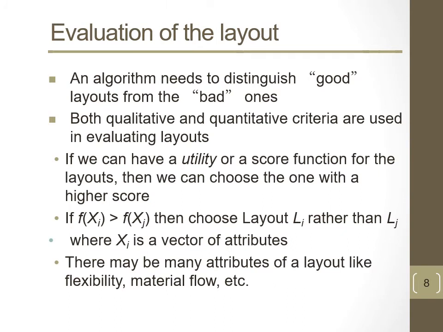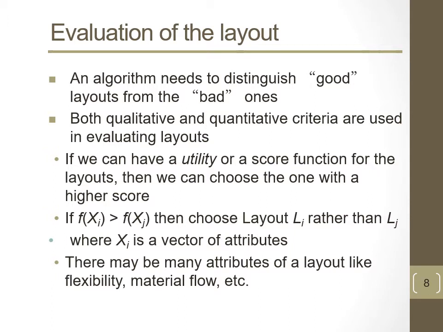Another criterion for classifying the algorithms depends on how we evaluate the layouts, which means that if we have some alternative layouts, or if our algorithm starts with a layout and then improves it, we need to understand whether we improved the layout or not, or we need to be able to distinguish a good layout from a bad layout. Then how can we do that?